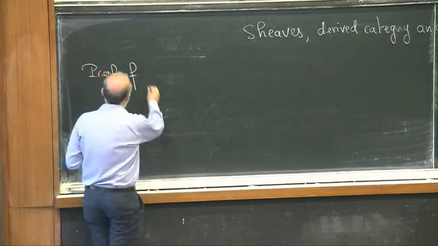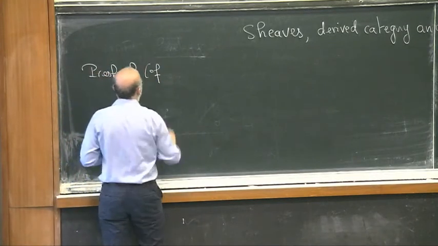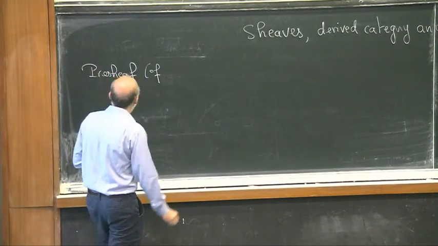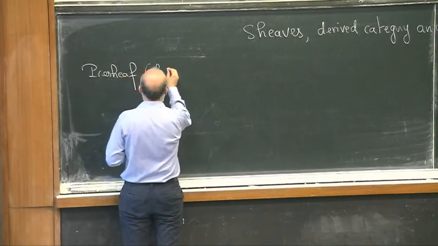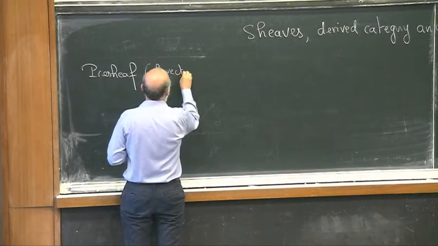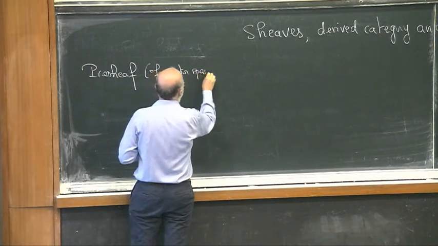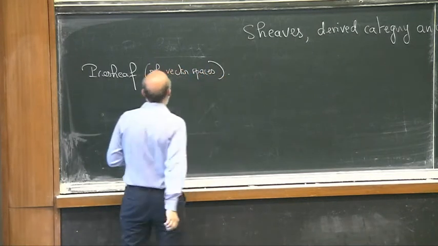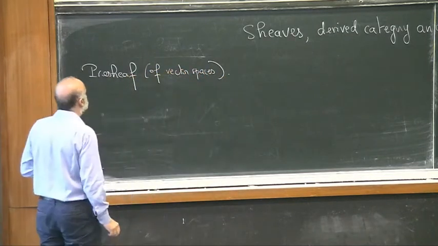So first, let me remind you that pre-sheaves, well, you can have pre-sheaves of basically anything, but I will be interested in pre-sheaves, let's say, of vector spaces or modules. But vector space is even good enough.